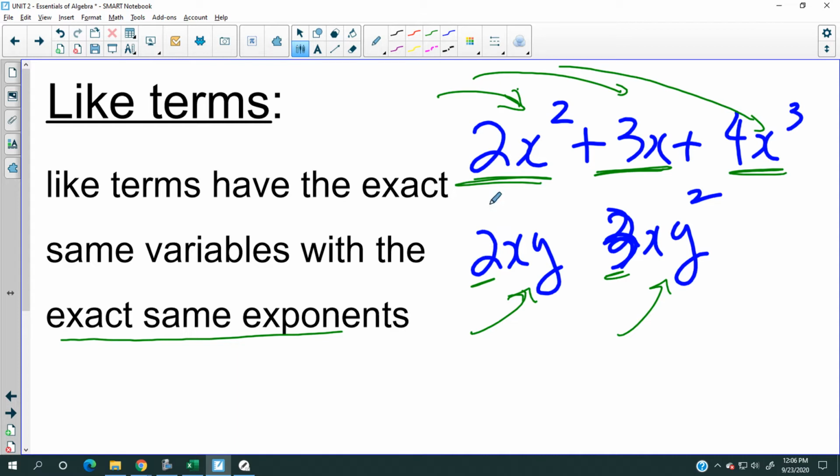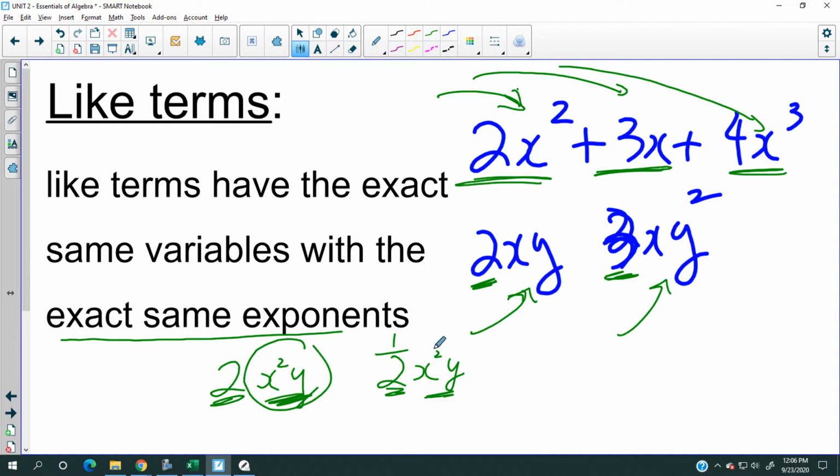That's the same exact analogy. Members of the same family have different first names, coefficients, but they should have the same last name. So even this, 1/2 x squared y, is the same family, different first names, but still in the same family. Why? Same exact letters, same exact exponents, same family.